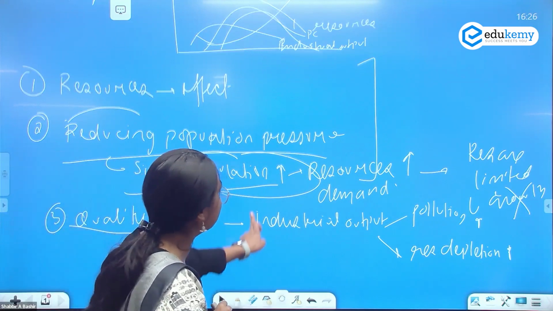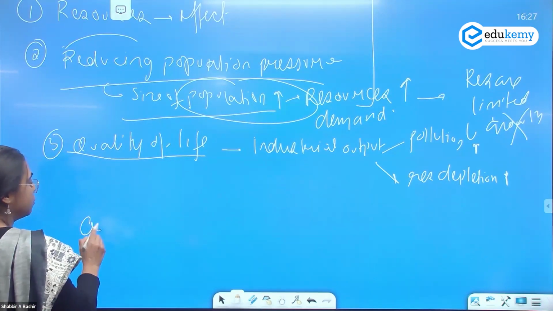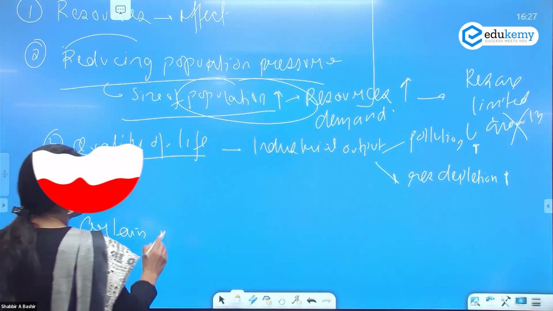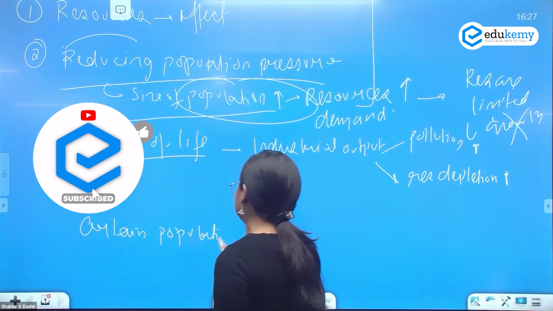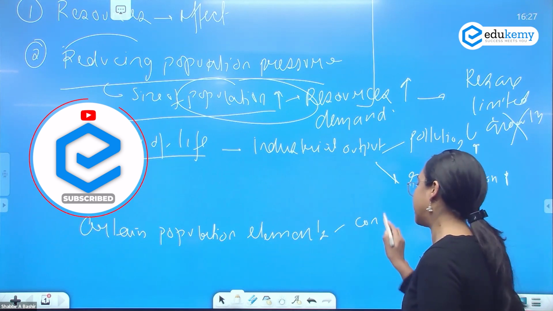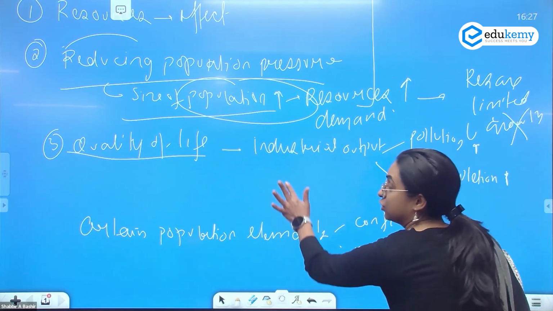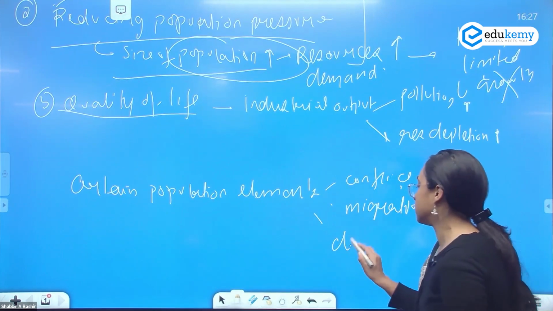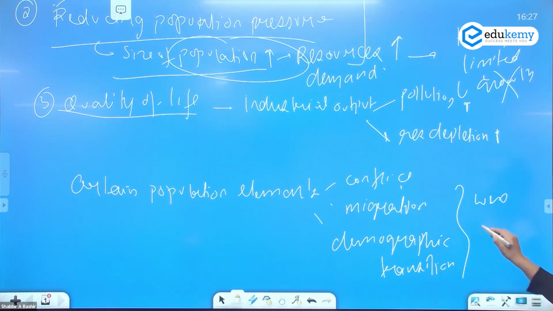So you can also mention that certain population elements like conflicts, migration, demographic transitions were not incorporated.